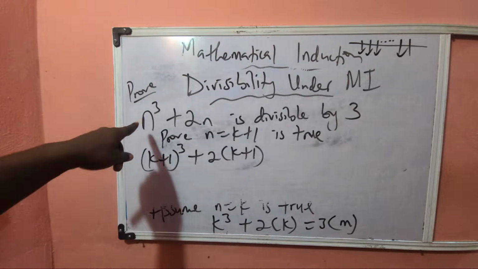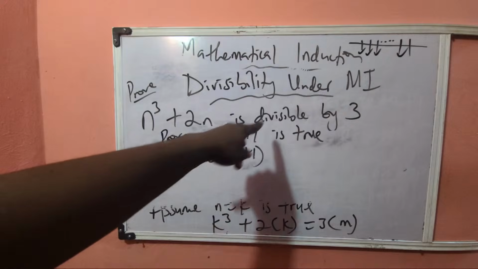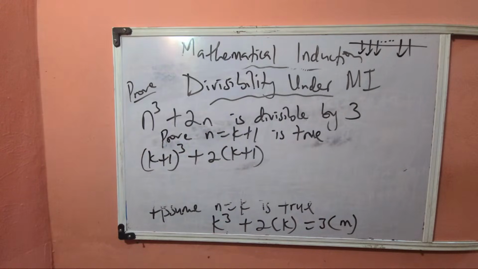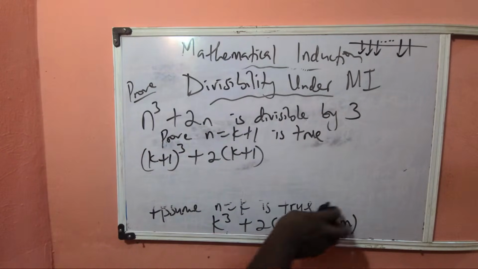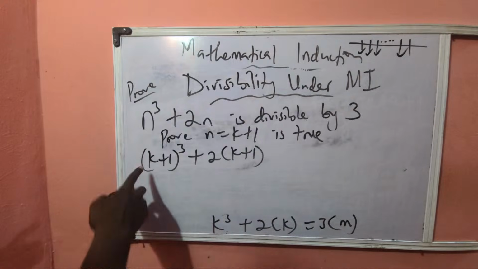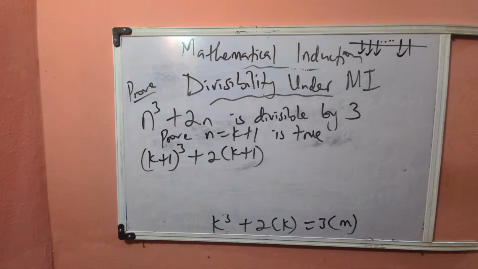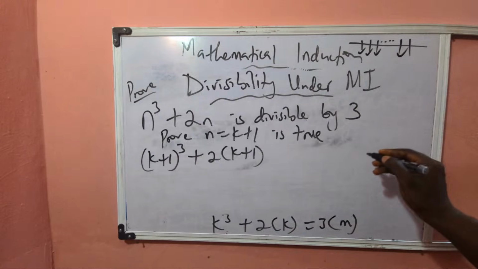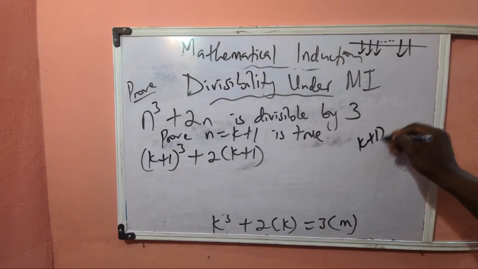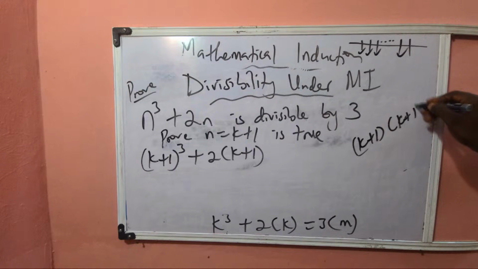Now, don't forget, we're proving that n cubed plus 2n is divisible by 3. So let's try and open this. Can you go on to open k plus 1 cubed? Of course, that will be k plus 1 into k plus 1 squared.